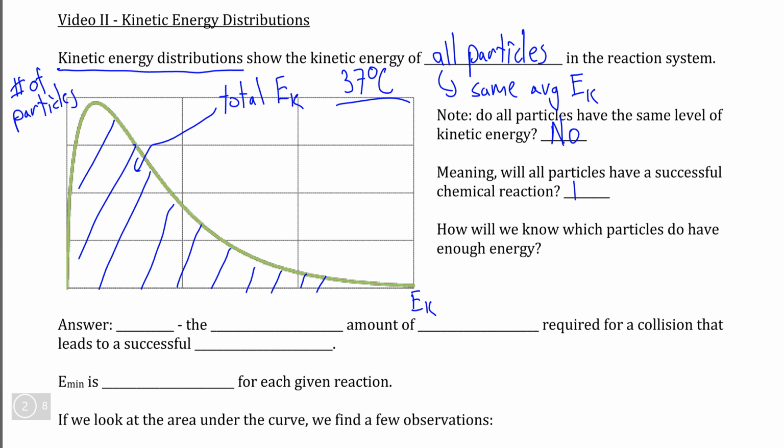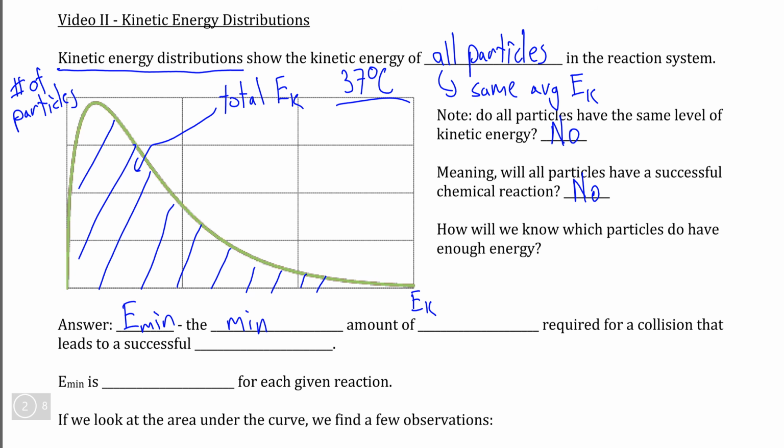Well, again, that answer is no, because depending on how much kinetic energy they have, maybe the particles that are down here will not have enough kinetic energy to react, while those up here will. So in order to measure how many individual reactants are able to react because they have enough energy, we need another measurement which we call E-min.